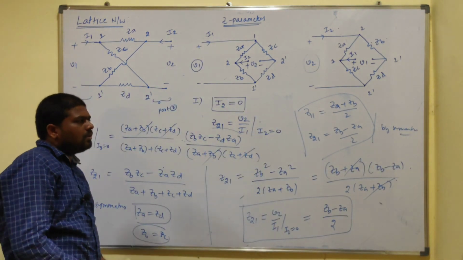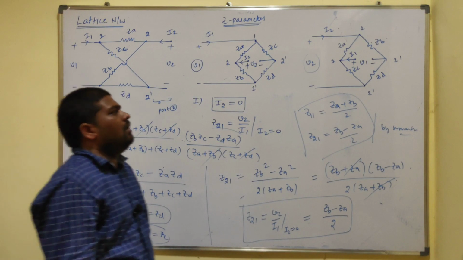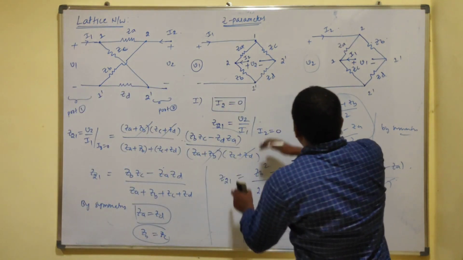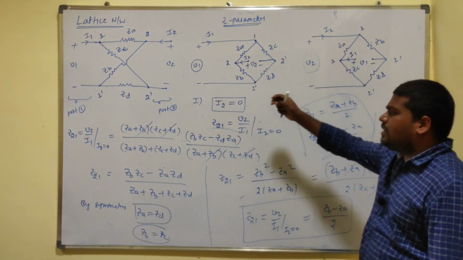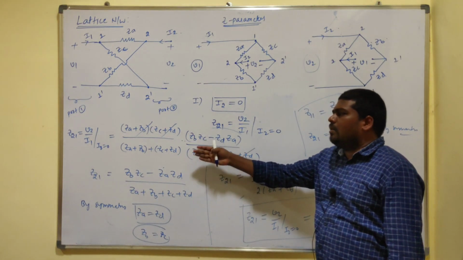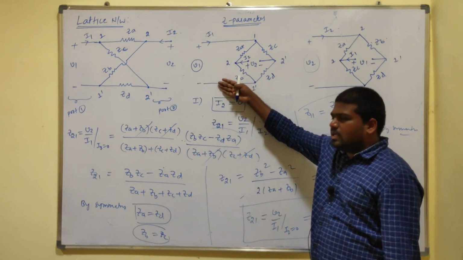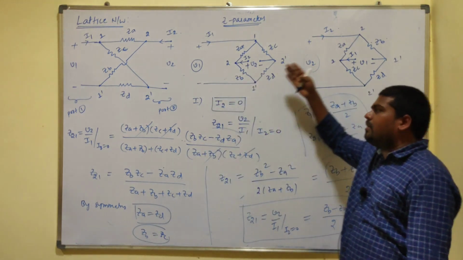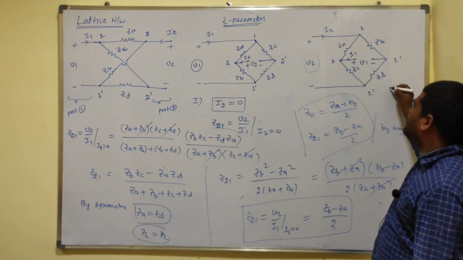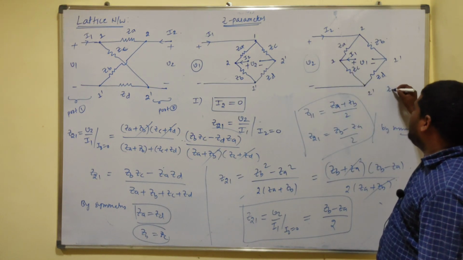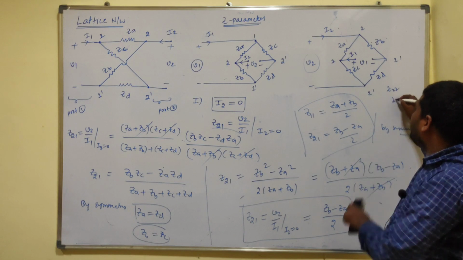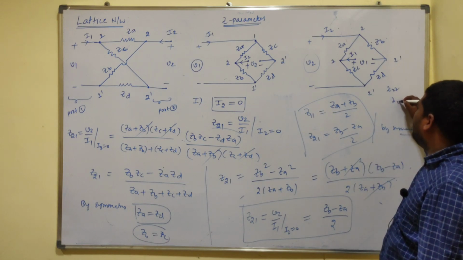So now you can apply the same thing for this network. Whatever methods I am applying for this network, the same methods you can apply for this other network. Then you will get two things, one is Z22 and another one is Z12.